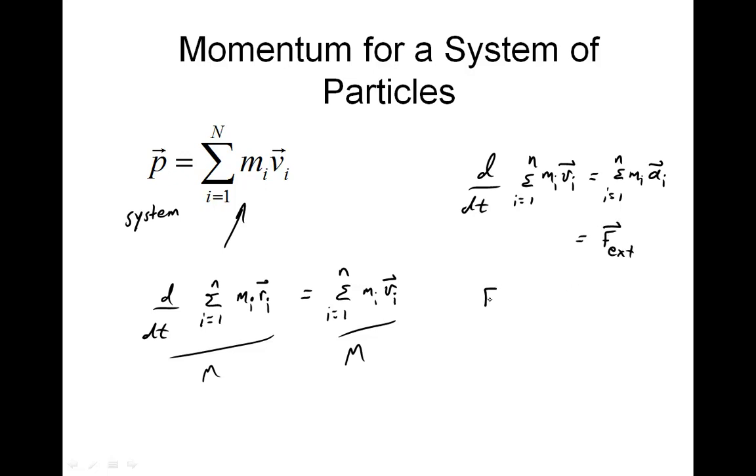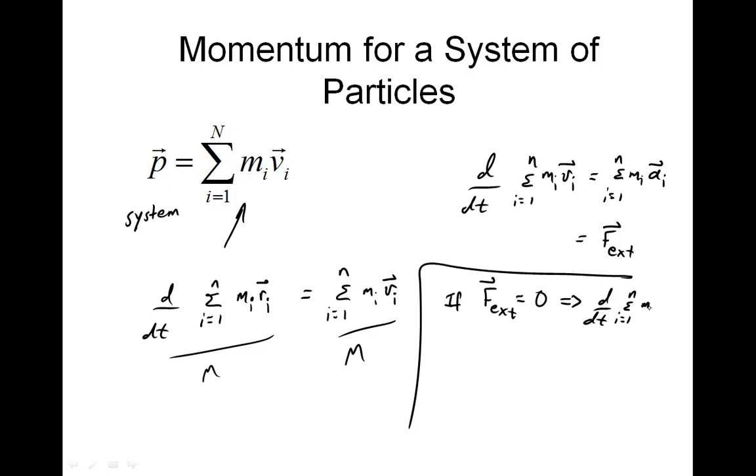So if the external force is equal to 0, big if, the external force is equal to 0, then the derivative with respect to time of the sum, i equals 1 to n, m sub i, v sub i, must be equal to 0. But if that's equal to 0, then the sum, i equals 1 to n, m sub i, v sub i, is equal to a constant, meaning the net momentum remains constant.